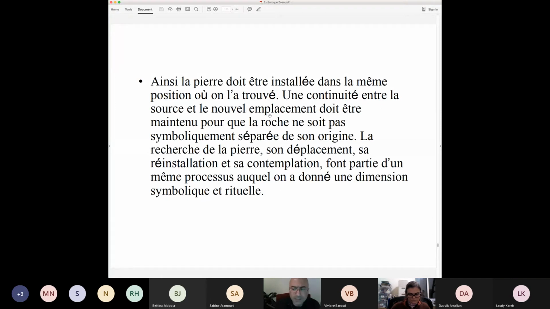This is exactly the opposite of what you see in the Versailles Garden. In the Versailles Garden, a rock is completely detached from its origin. It's made into a square, into a cube. Its origin is not even something that Louis XIVth would consider.